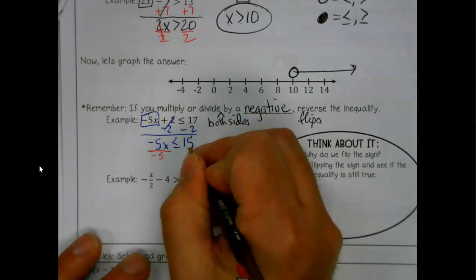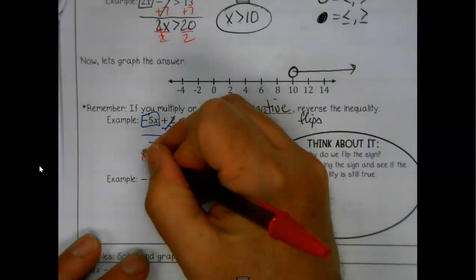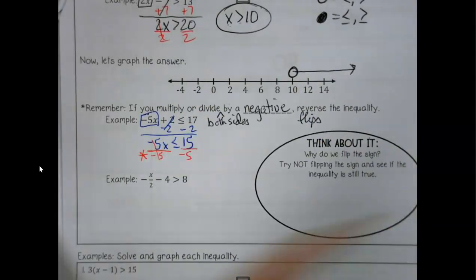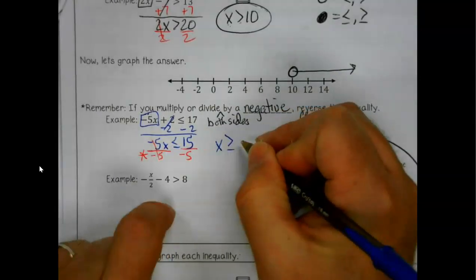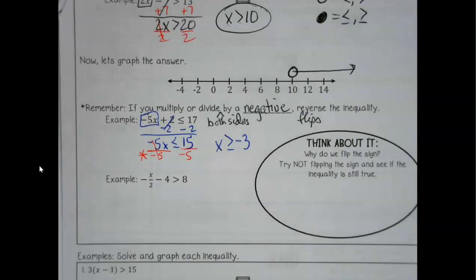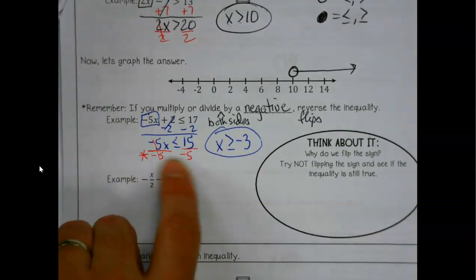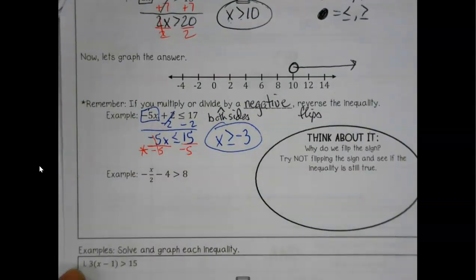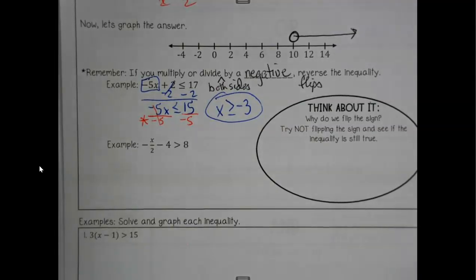When I've got to divide both sides by a negative, that's the one where now that arrow goes from pointing to the left to pointing to the right, to make sure that I get it right. So whether I'm dividing both sides by a negative, that's one of the good things about showing steps. It kind of triggers your brain to remember that. Or we're multiplying both sides by a negative.